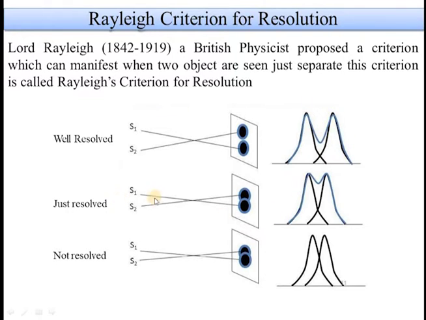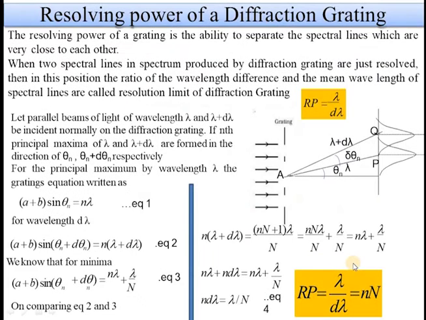They are said to be just resolved when there is still a gap in the superposed waves. And what happens otherwise? It is non-resolved. You cannot identify the two objects or two images, or the wave functions representing them are very close to each other.